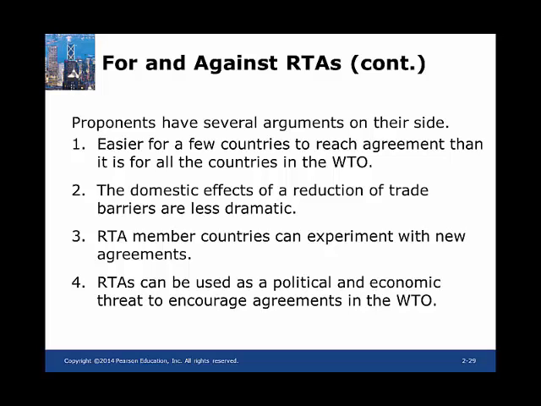RTA member countries can experiment with new agreements. RTAs can be used as a political and economic threat to encourage agreements in the WTO.